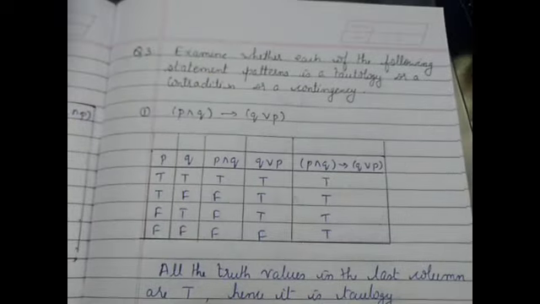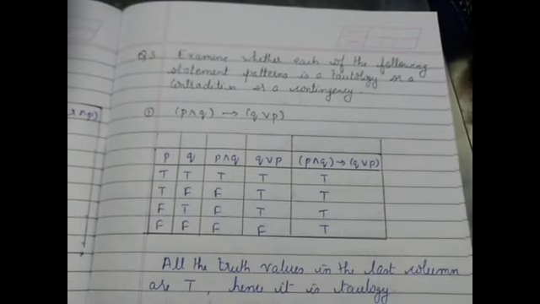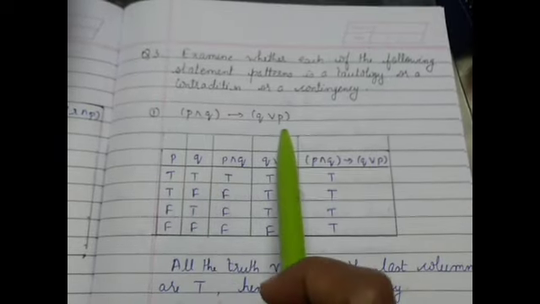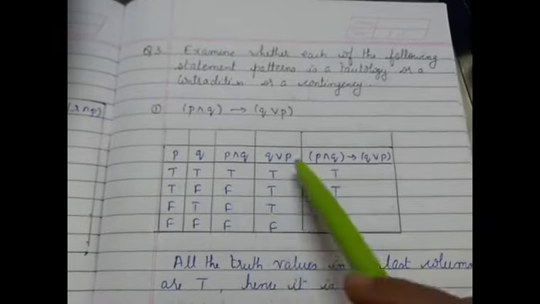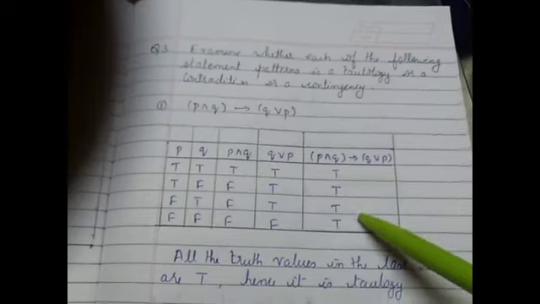Question number 3. Examine whether each of the following statement patterns is a tautology or contradiction or contingency. First one, I have taken here P and Q implies Q and P. Now all of us know how to prepare a truth table. Similarly, I have prepared the truth table. In the last column I am getting TTT.